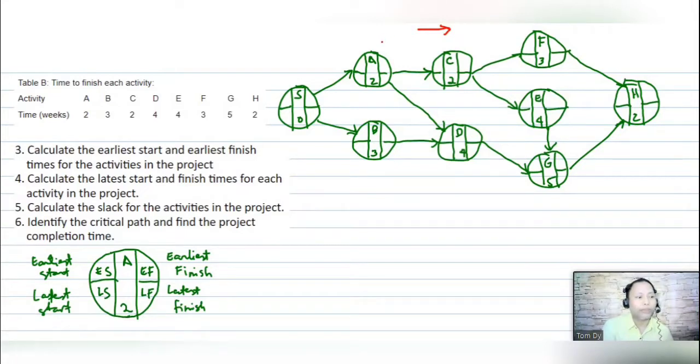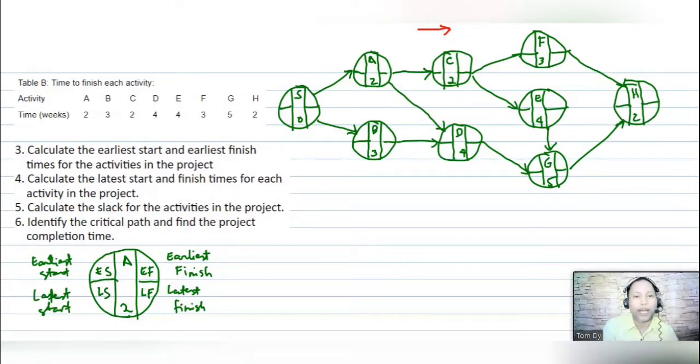Now, in a forward pass, this is a process that identifies all the earliest times. Now, we have different rules for the forward pass. First rule is, of course, the earliest start time rule.